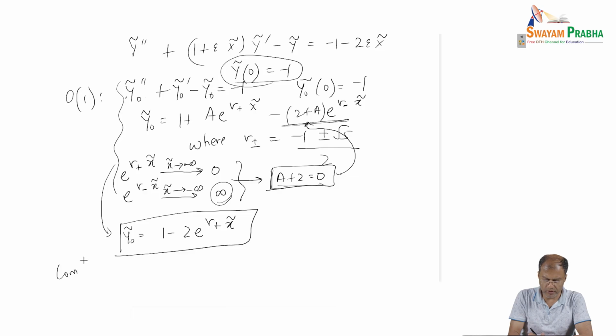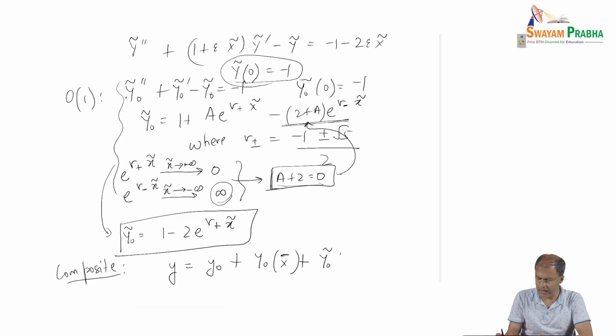Finally, our composite solution comes out to be y is equal to y naught, that is the in between solution which is regularly perturbed, plus y naught at x bar, that is the left hand solution, plus y naught tilde at x bar, that is the right hand solution, minus the left hand constant which is over counted, minus the right hand constant which is also over counted.